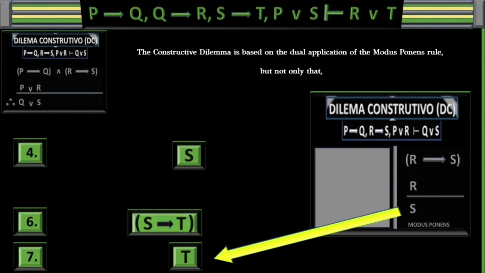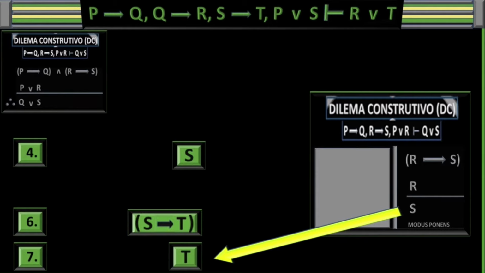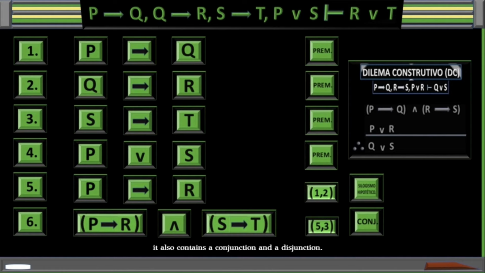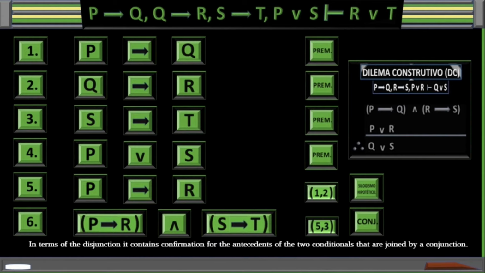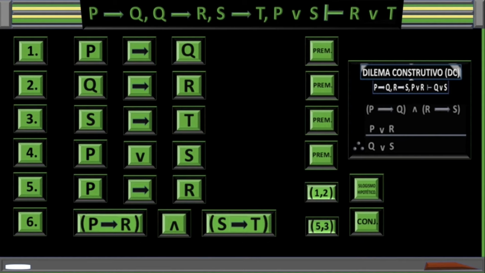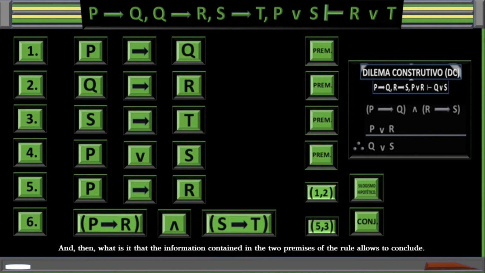The constructive dilemma is based on the dual application of the modus ponens rule. But not only that, it also contains a conjunction and a disjunction. In terms of the disjunction, it contains confirmation for the antecedents of the two conditionals that are joined by a conjunction. And then, what is it that the information contained in the two premises of the rule allows us to conclude?